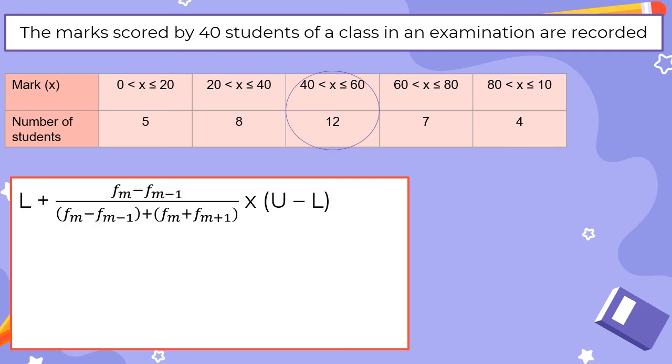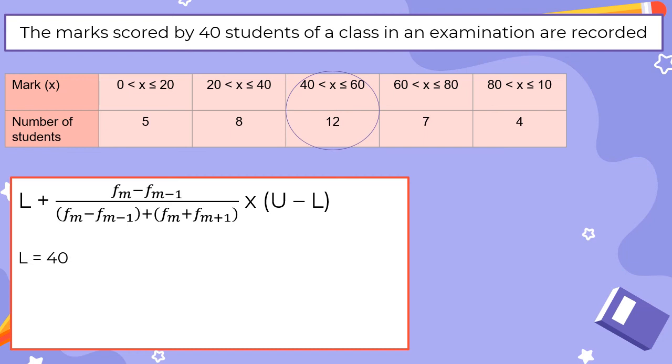So in mode, we have a formula of L plus (f sub m minus f sub m minus 1) over (f sub m minus f sub m minus 1 plus f sub m minus f sub m plus 1), multiplied by (U minus L).